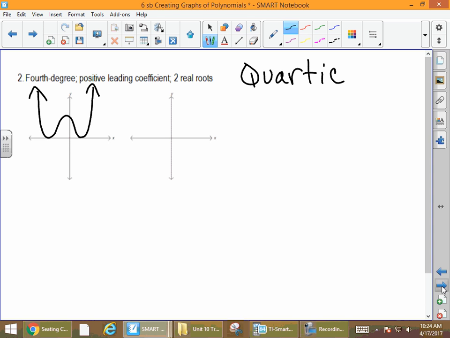As x goes to positive infinity, y goes to infinity. Our 2 real roots are here and here on our x-axis. And in terms of fourth degree, remember here's a turning point and here's a turning point and there's a turning point. We have fourth degree, we have 3 turning points.